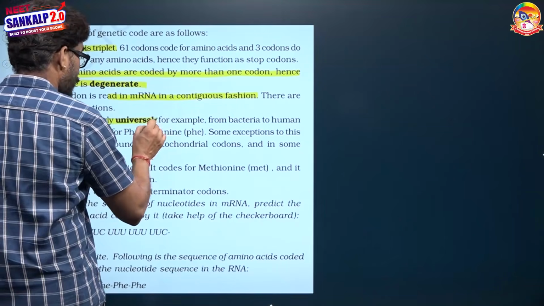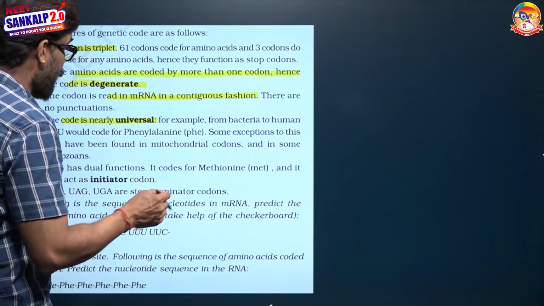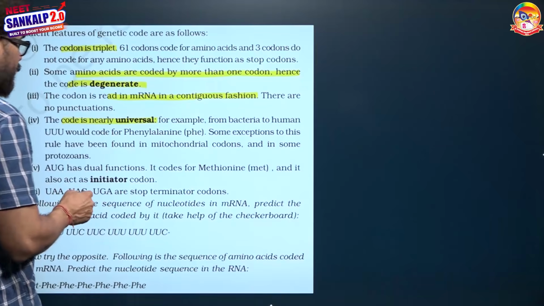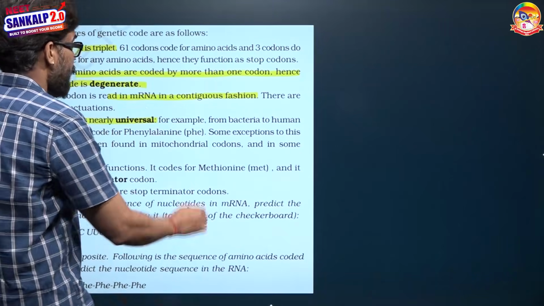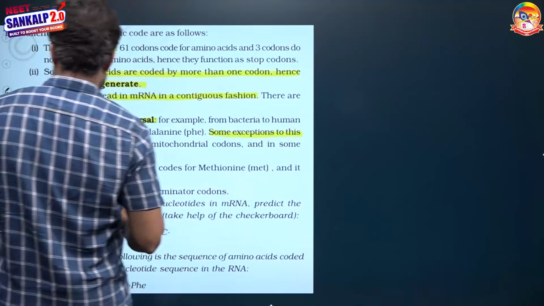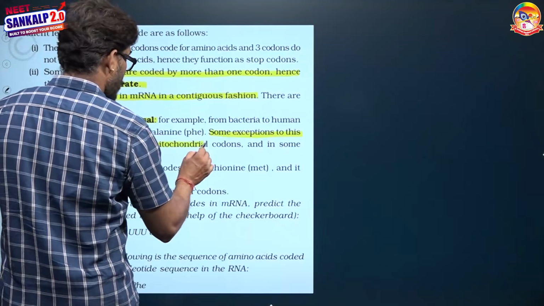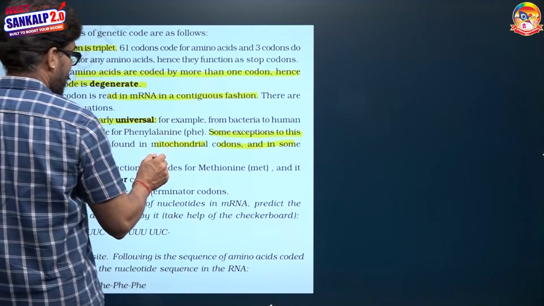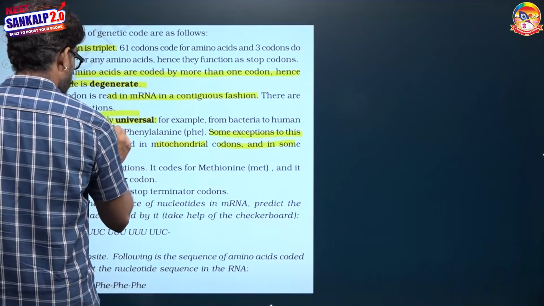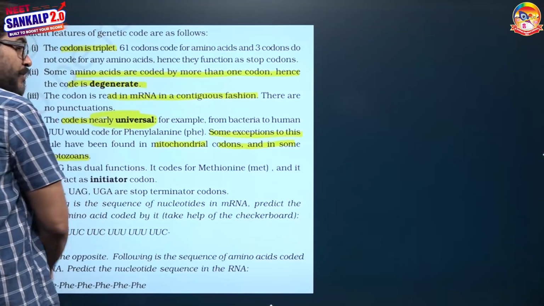Codes are nearly universal, meaning from bacteria to angiosperms, the same code will code for the same amino acid, except some exceptions. Some exceptions are found in mitochondrial codons and in some protozoans. Because of these exceptions, instead of calling it universal, we call it nearly universal.